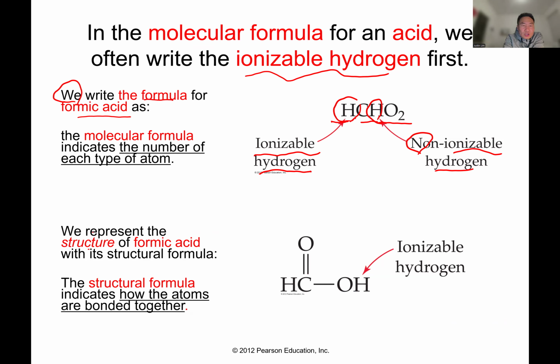We represent the structure of formic acid with its structural formula. A structural formula indicates how atoms are bonded together. This is an example of the formic acid structural formula. So this hydrogen is ionizable hydrogen. This is non-ionizable hydrogen.